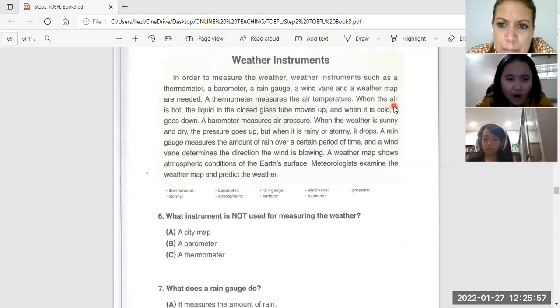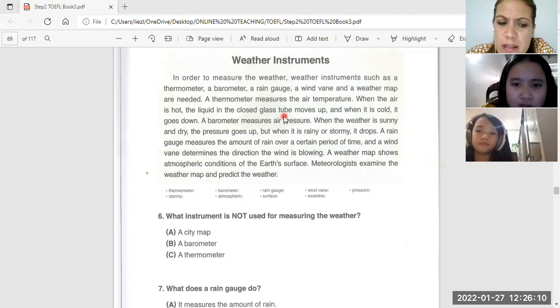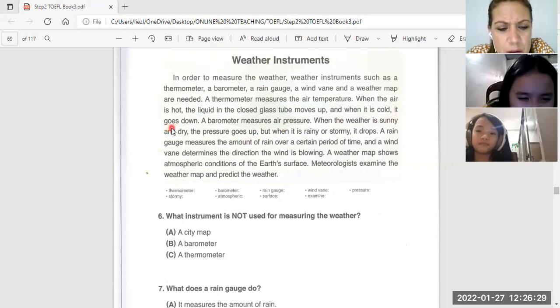When the air is hot, the liquid in the glass tube goes up, and when it is cold, it goes down.